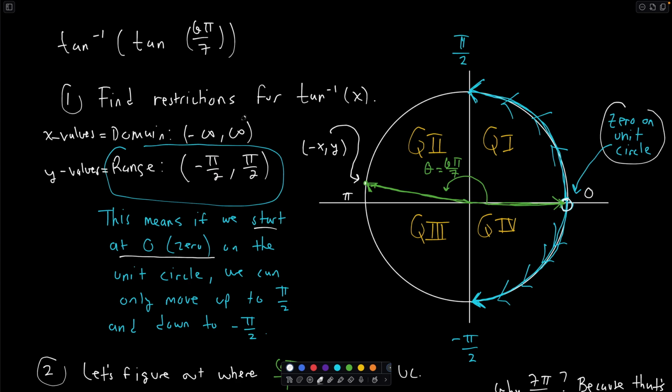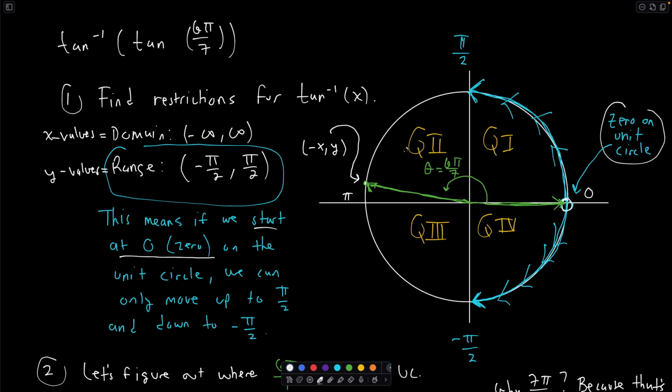What I notice is this means that if we start at 0 on the unit circle, which is right here, we can only move up to pi over 2 going this way, and down to negative pi over 2, like that. That's where I was confused, I believe, because I said that it could go the other way.